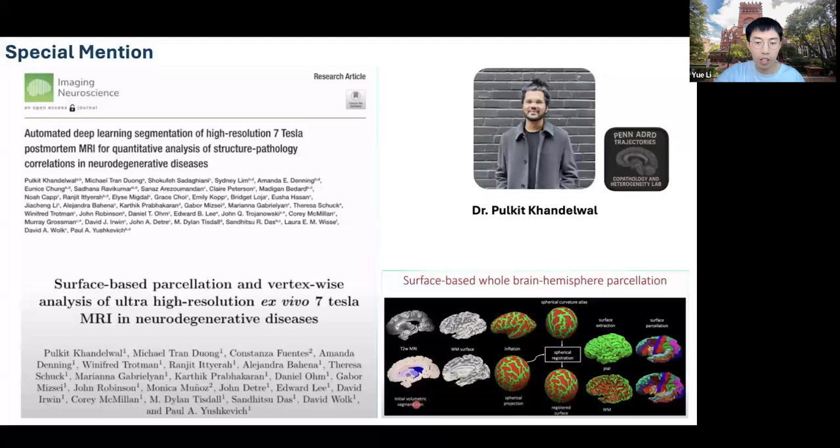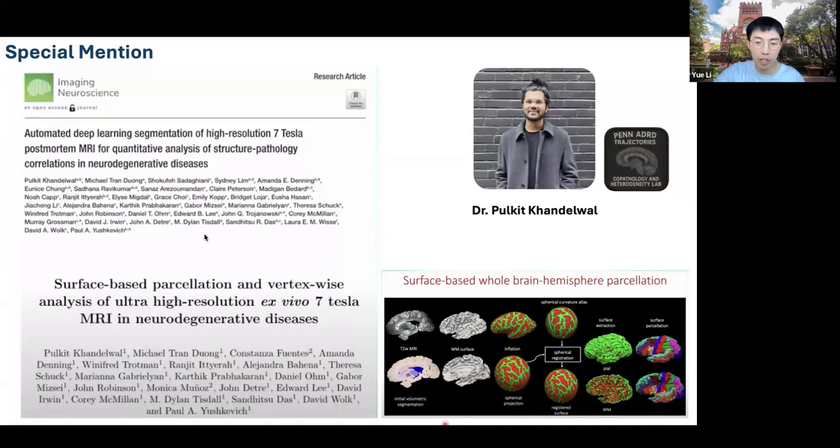So to address this, Dr. Khandelwal developed a pipeline that combines deep learning volumetric segmentation with classical surface-based modeling. This allowed them to generate accurate DKT-based cortical parcellation in native subject space at only 0.3 millimeter cubic resolution.